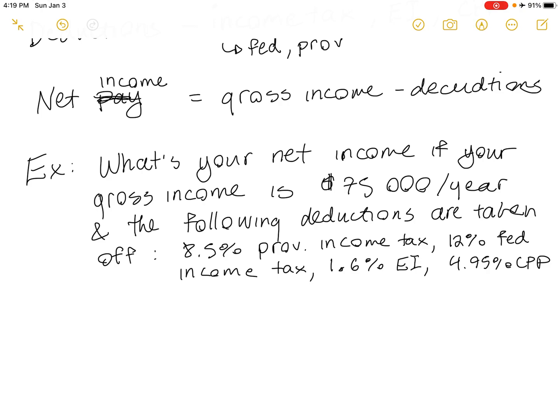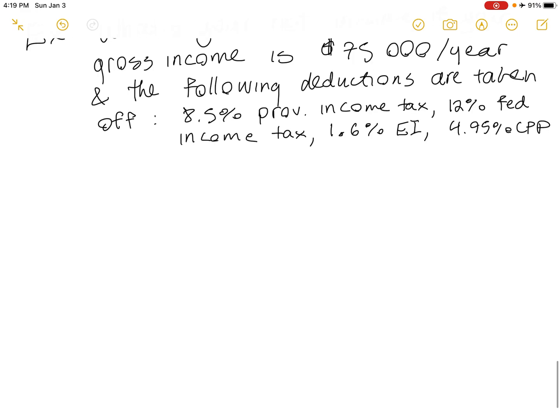Okay. Well, the first thing that we could do is we could add up all of the percentages and figure out the deductions as one lump value. Okay, so we don't have to do this in 4 steps. We could add all of these up together and find the total percentage that's being deducted.